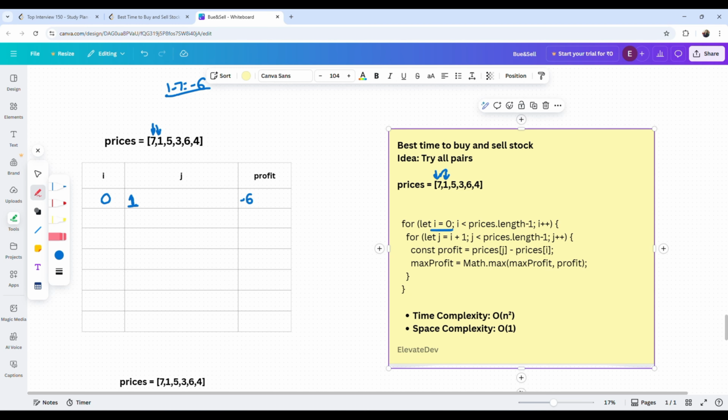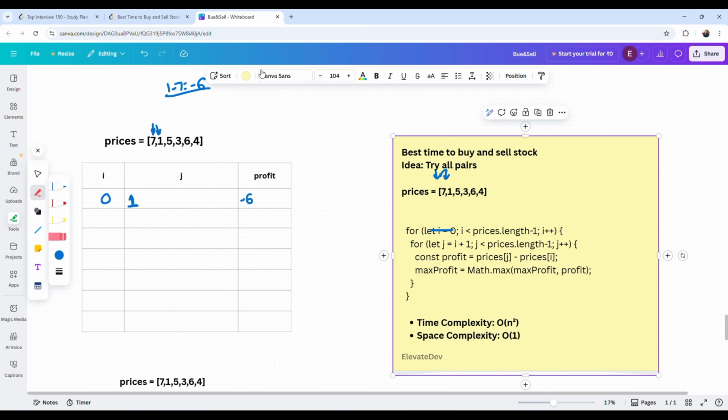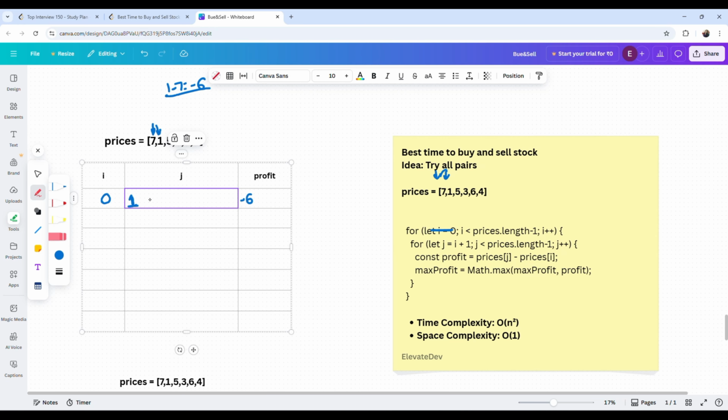At this point my j is going to be at the second position, second index, and at this position the value is 5.